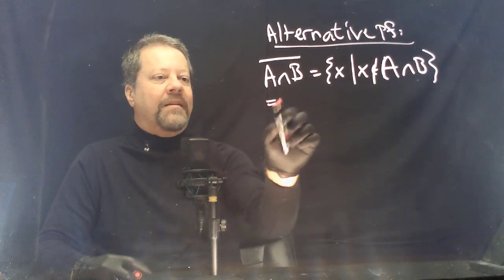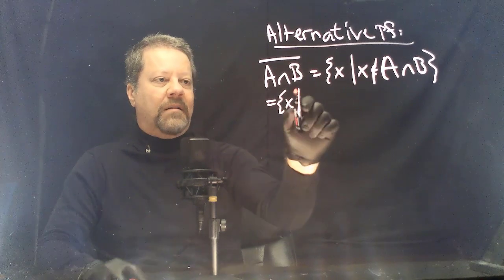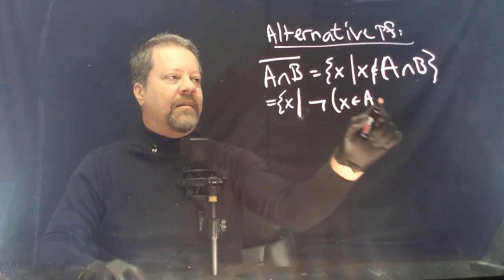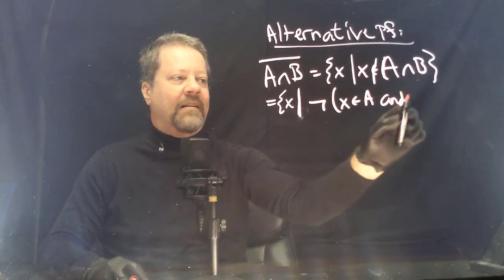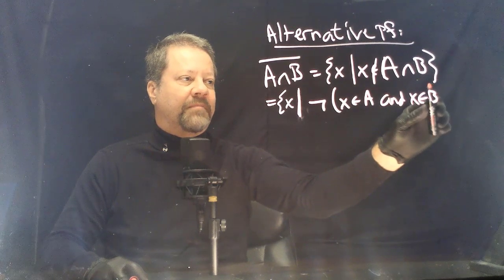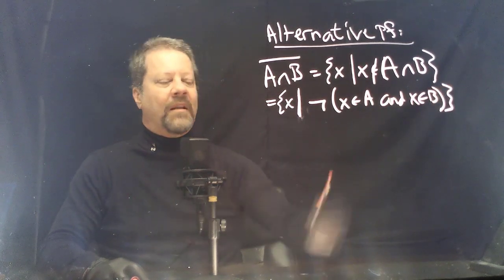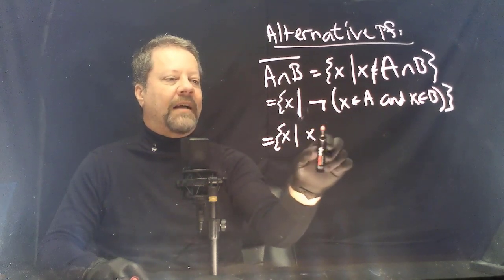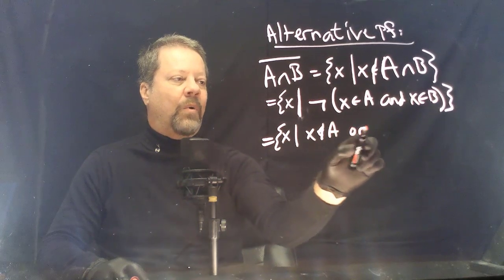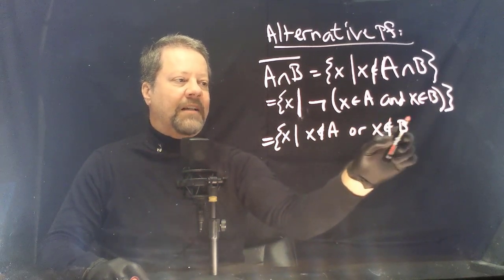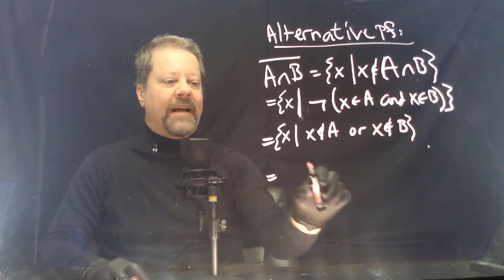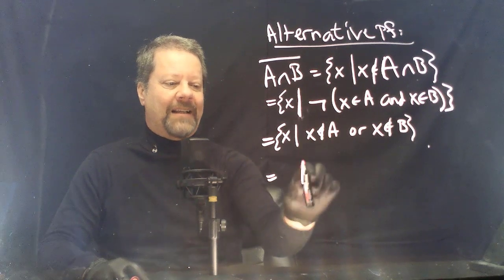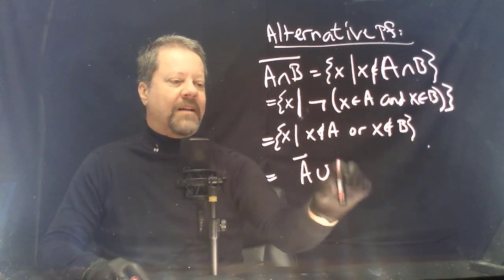That means set of all X such that it is not true that X is in A and X is in B. Well, we can distribute the not and get the set of all X such that X is not in A or X is not in B, but the or means a union. A union of what? Things not in A, that's A complement, and things not in B is B complement.